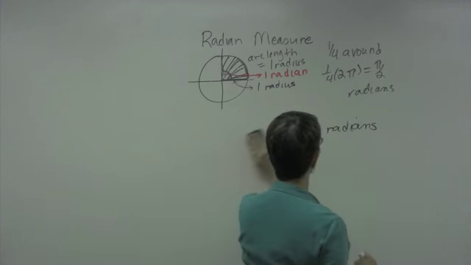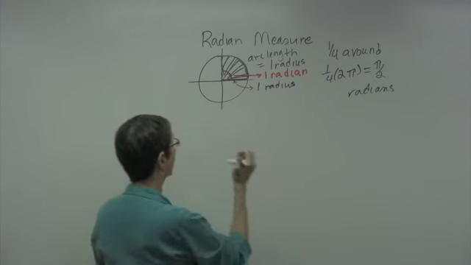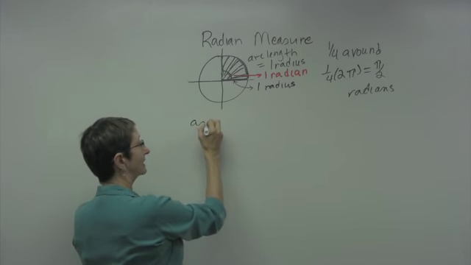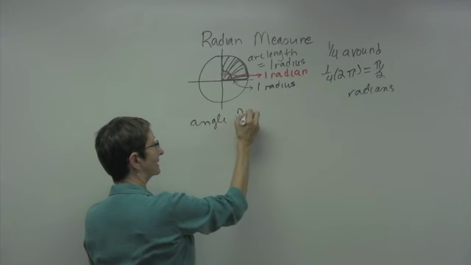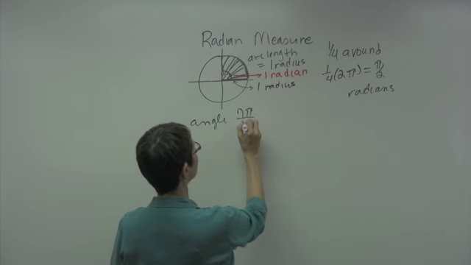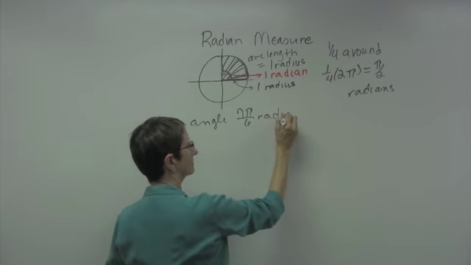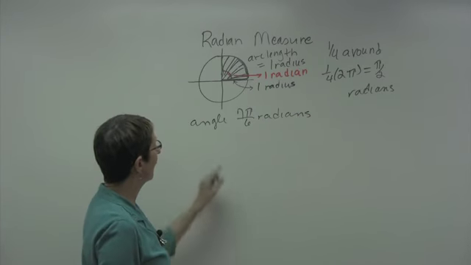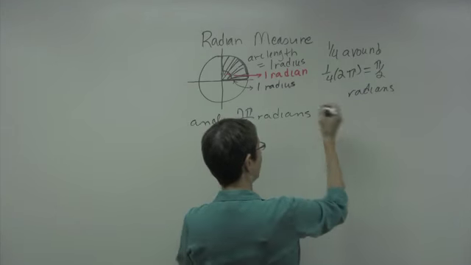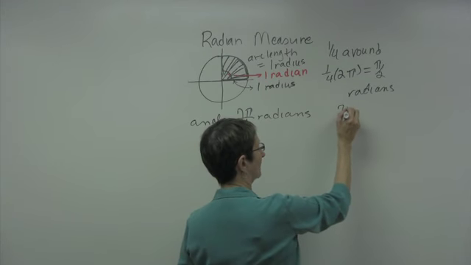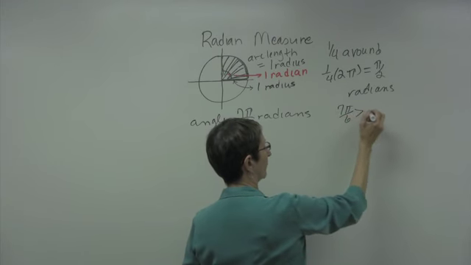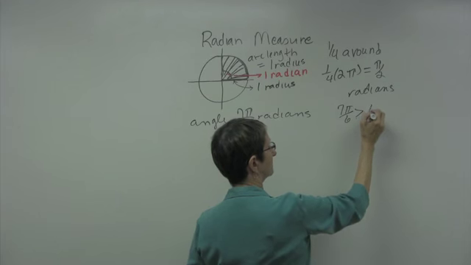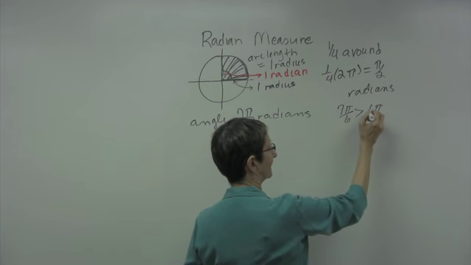Well, suppose I have an angle that is 7 pi over 6 radians. I want to know where that is. Well, 7 pi over 6, 7/6, is greater than 1 pi, because 1 pi would be 6/6.